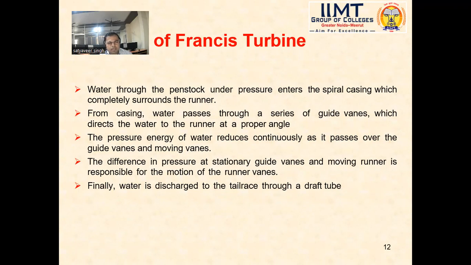The pressure energy of the water reduces continuously as it passes over the guide vanes and moving vanes. The difference in pressure between the stationary guide vanes and moving vanes is responsible for the motion of the runner vanes. And finally, water is discharged to the tail race through the draft tube.